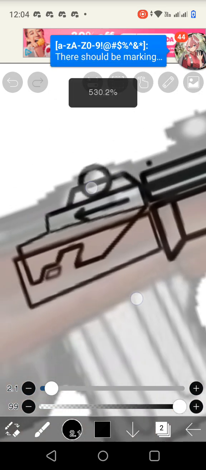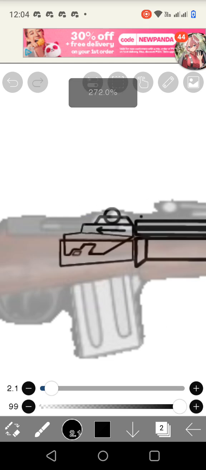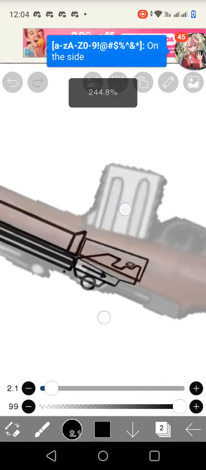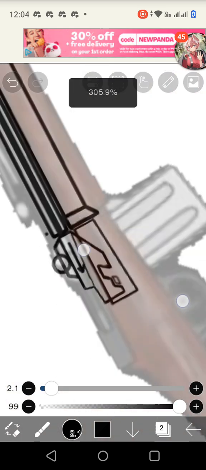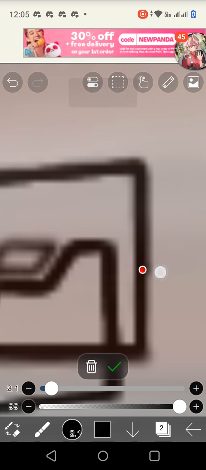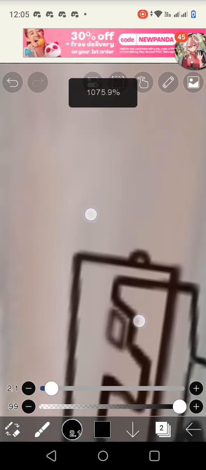Okay, we should fix the issue. Shorter bolt, then let's add the firing pin.